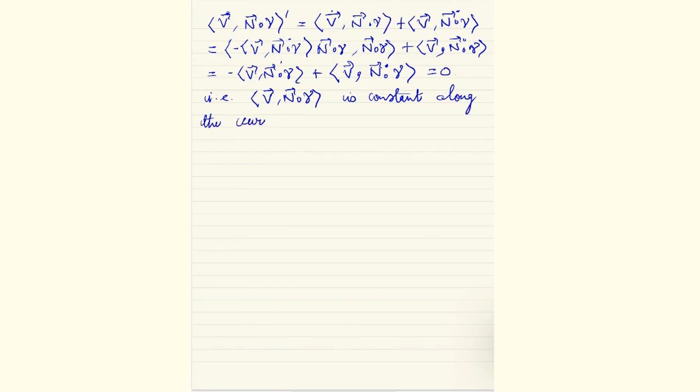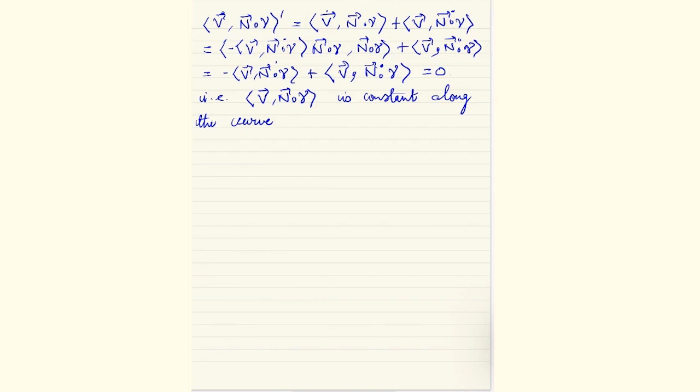So now if you can show what this constant is by getting it at some specific point, then we are done. At t naught, what happens? I look at the pairing at t naught.